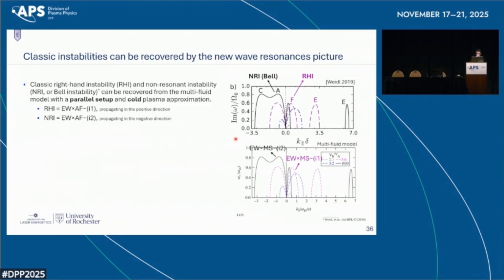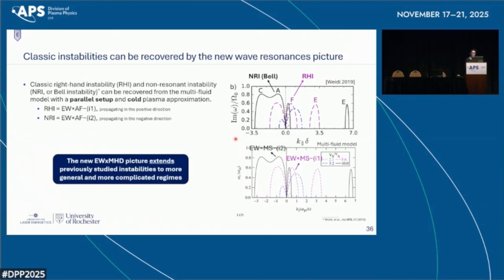So the right-hand instability is actually the resonance between electron whistler wave and backward Alfvén wave, and the non-resonant instability or Bell instability is the resonance between electron whistler wave and the backward Alfvén wave from ion 2. And our new picture here extends previously studied instabilities to more general and more complicated regimes.